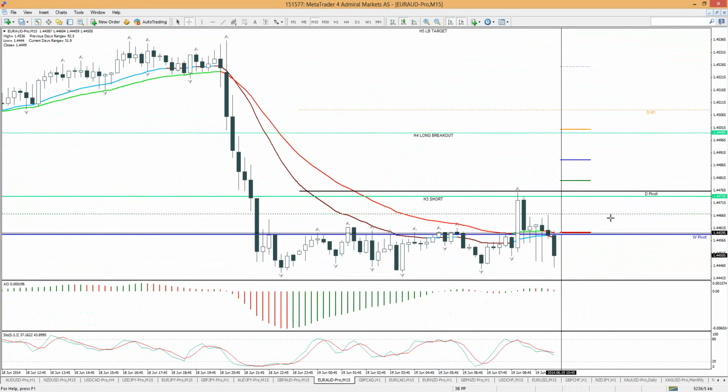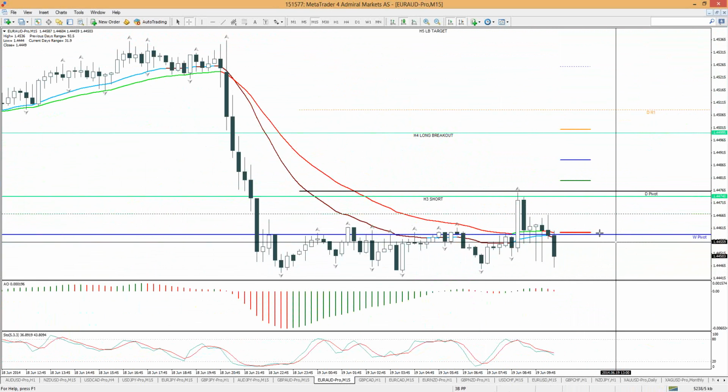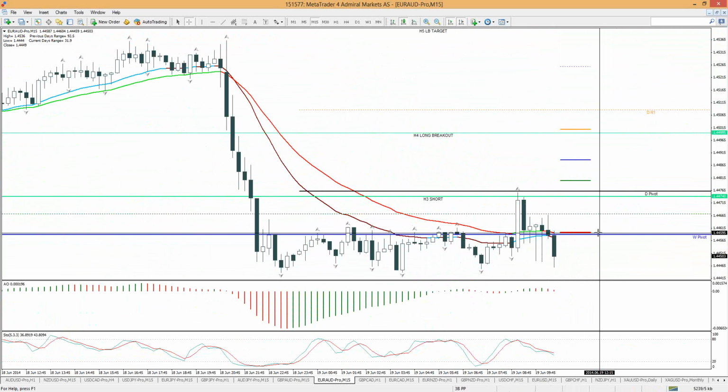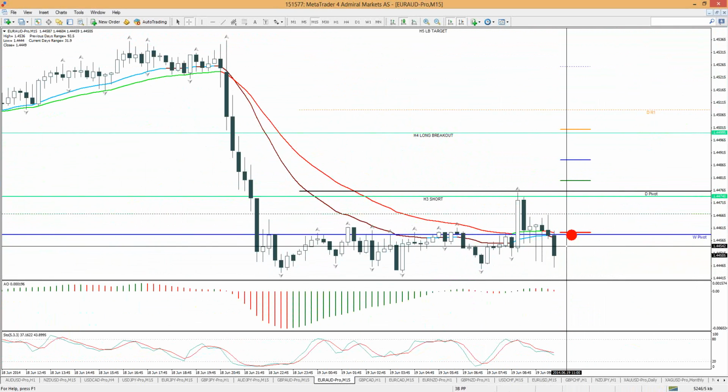If it consolidates, I would like to see a close again below the low of the highest low of the consolidation. I know that sounds a bit confusing. What you could see, for instance, is a candle like that, a candle like that, and the consolidation, candle like that, candle like that. When you have a close that is below this consolidation, that could be the signal for follow through.